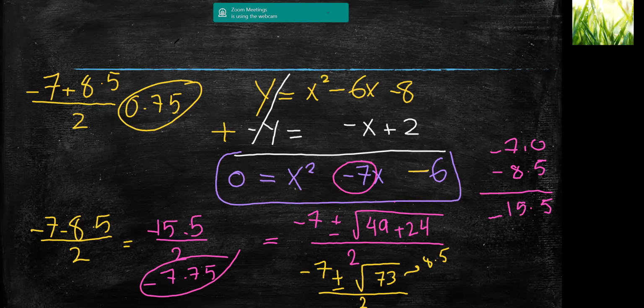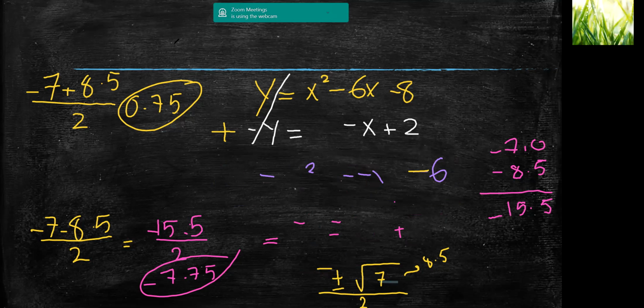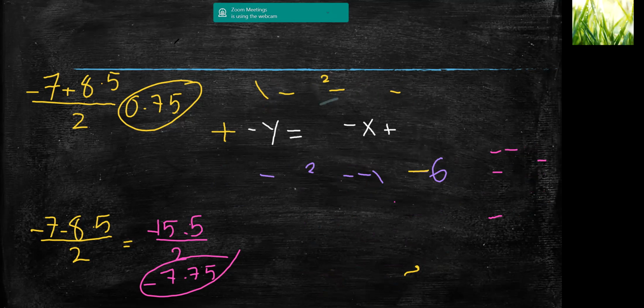Did I finish, or do I have to find y? We need to find y, exactly. If I want to find y, I will replace in any equation. So I now have two values, 0.75 and -7.75.